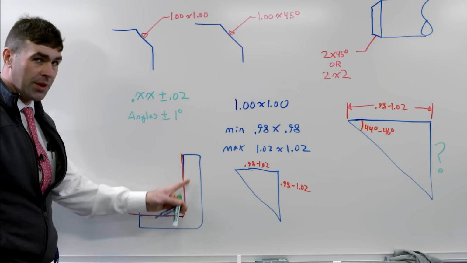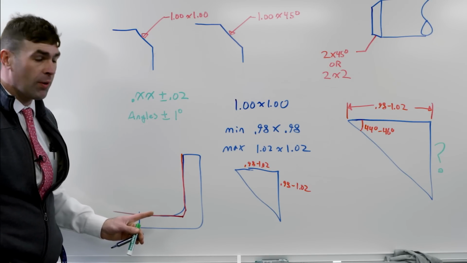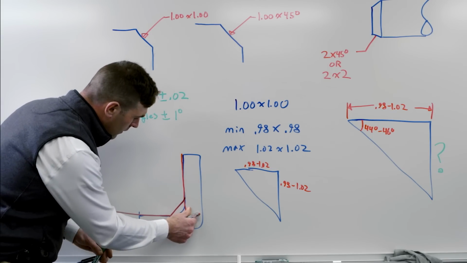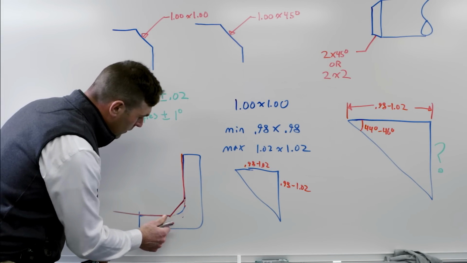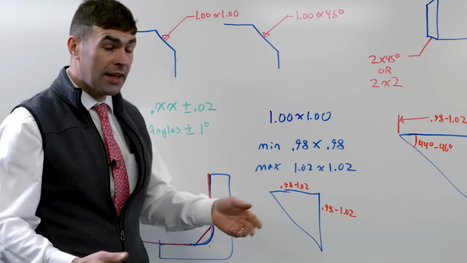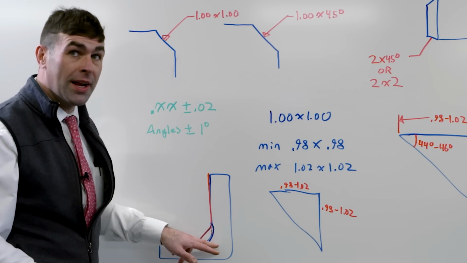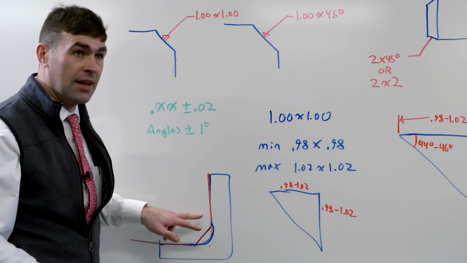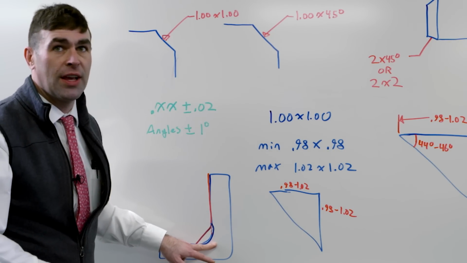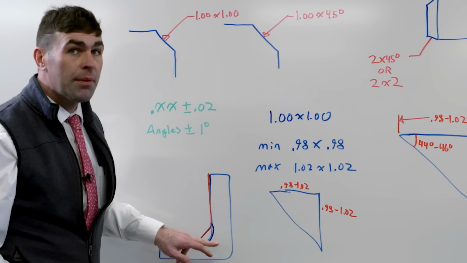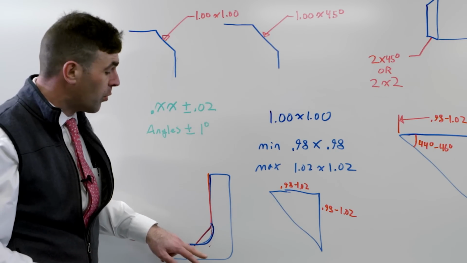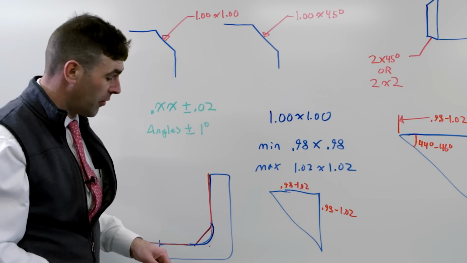If we had something with a fillet or a round, we want to make sure that the chamfer is going to clear our fillet or our round. So with the radius, we want to make sure the radius is smaller than the shortest leg of our chamfer. If you have a radius of, say, 60 thousandths, the shortest leg of our chamfer must be larger than 60 thousandths, or we might run into an interference.